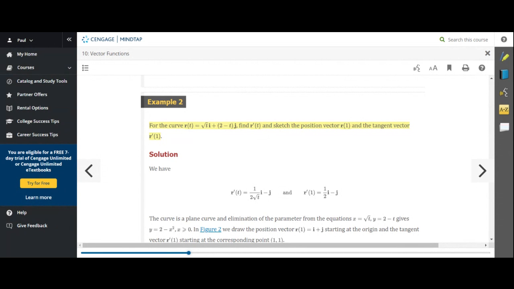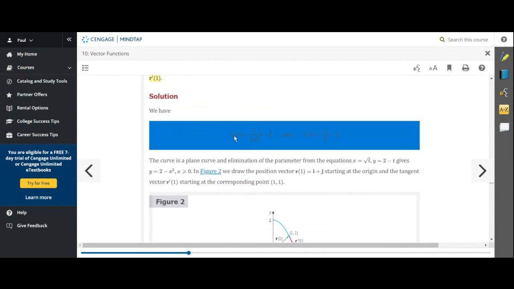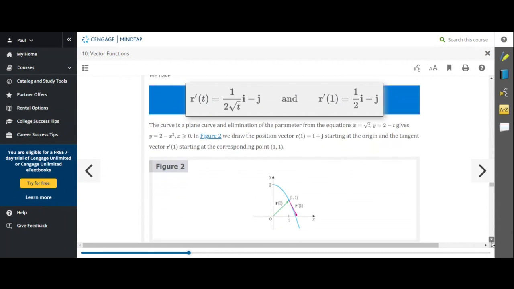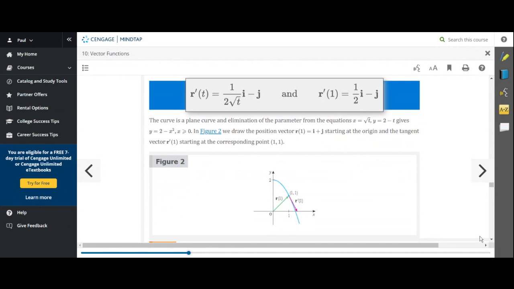So they compute the derivative of your position vector, and then they compute the derivative of that position vector at t equals 1. And then they draw a picture of your position vector r of 1 and the tangent vector r prime of 1.